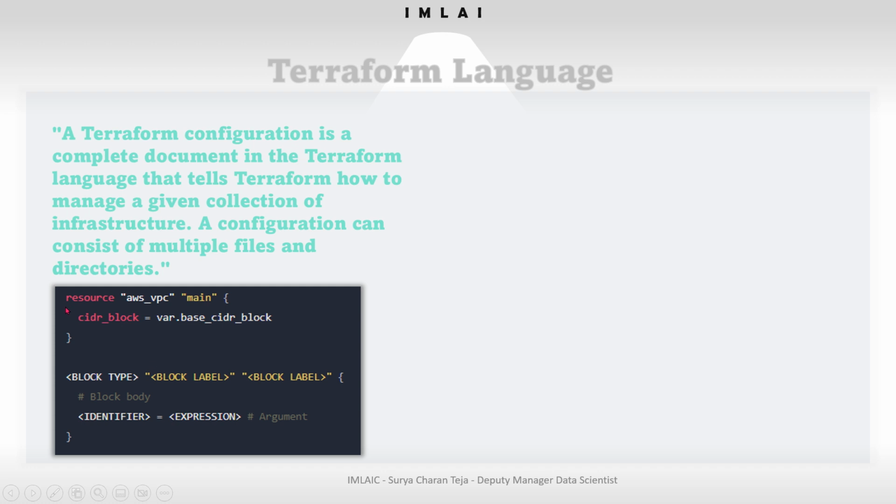If you take this example, resource is your block type, and then the block labels: aws_vpc is a label, and main is the second label. Then the block is opened, and inside the block body you have an argument: the identifier is cidr_block, and then this is your expression, and then the block is closed.